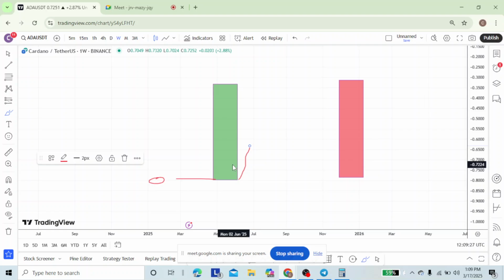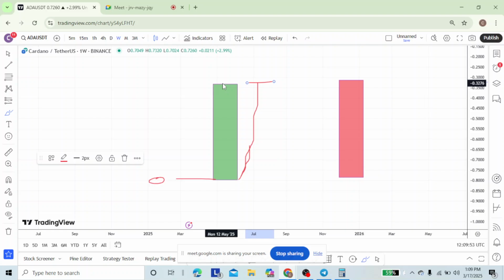Buyers were dominating. There was no room for sellers to come into the market. The buyers push it up and then it closes at the top.